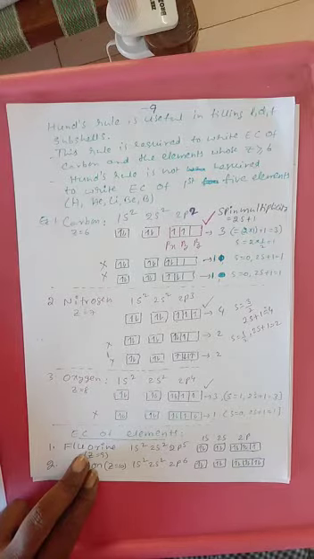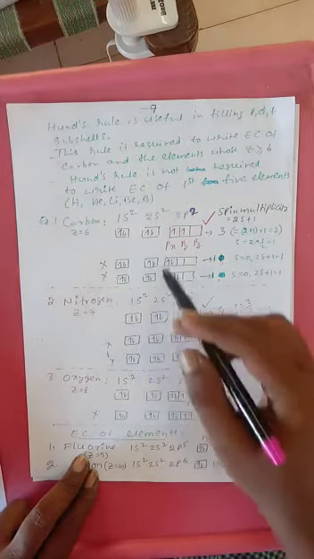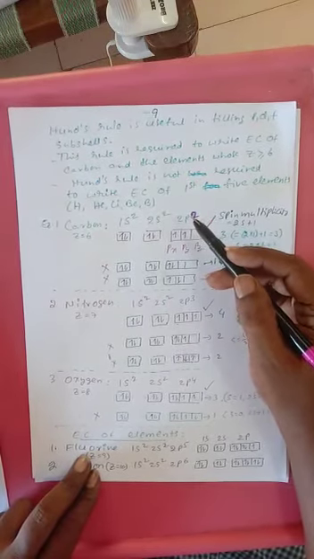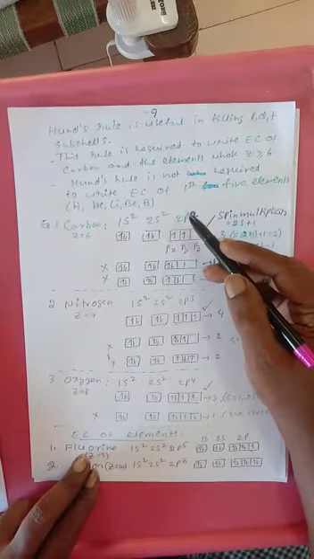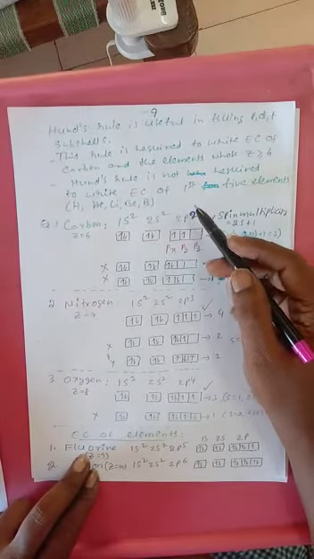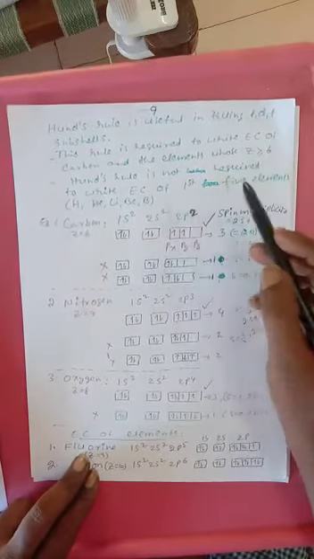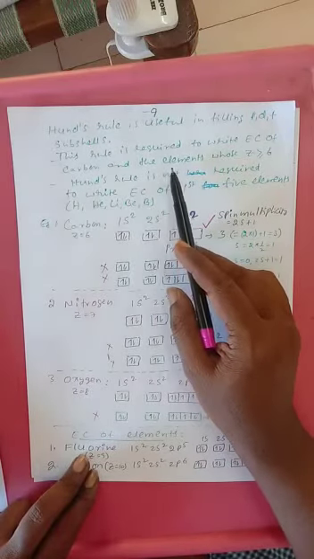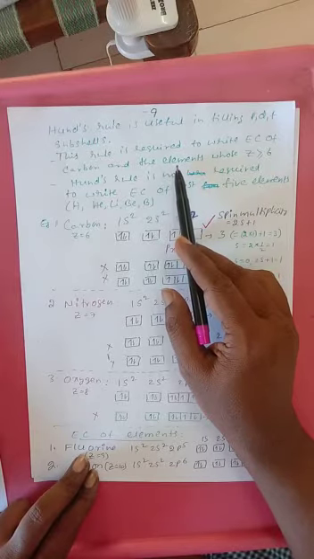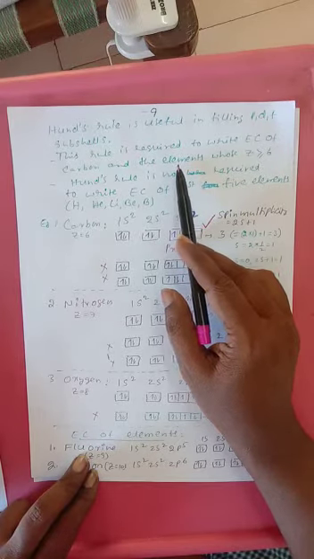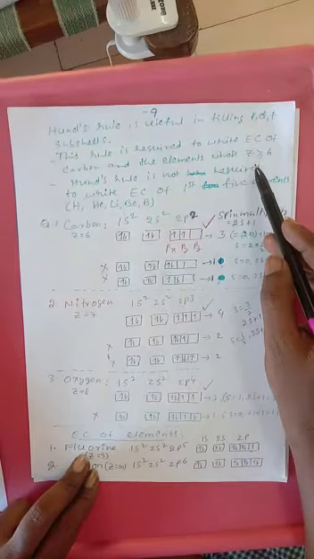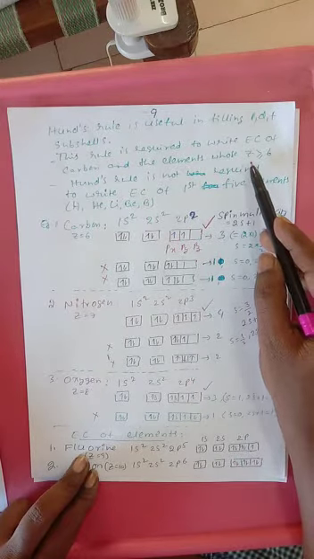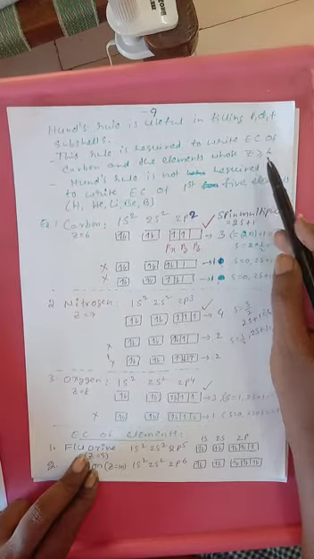It is applicable from carbon onwards only, because for hydrogen, helium, lithium, beryllium, boron, the first 5 elements, there is no need of Hund's rule to write the electron configuration. From carbon onwards we need Hund's rule, that is, for elements whose atomic number is 6 or greater.